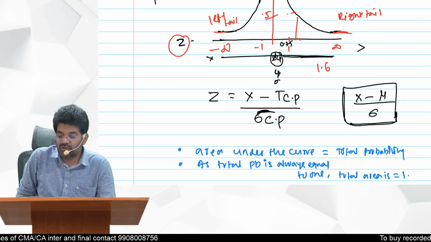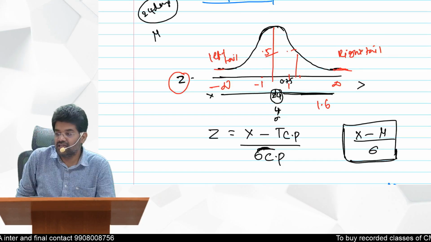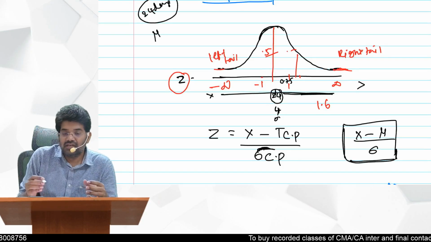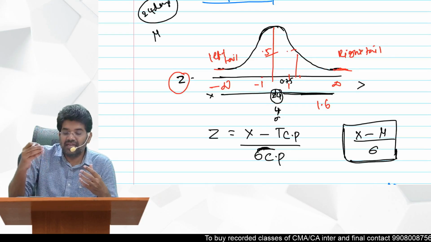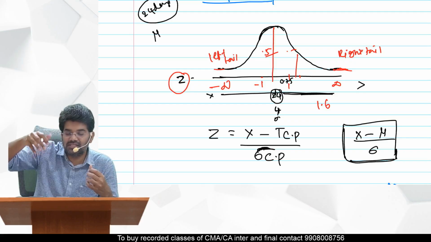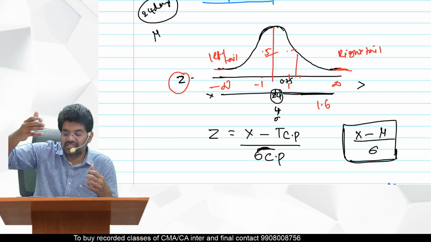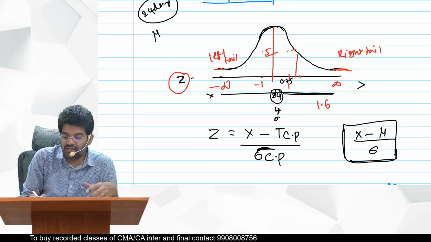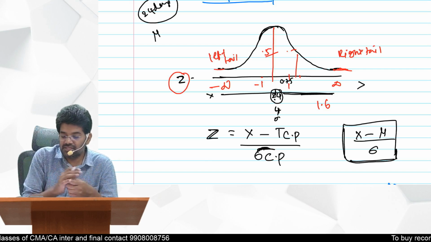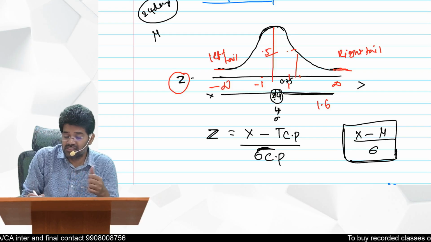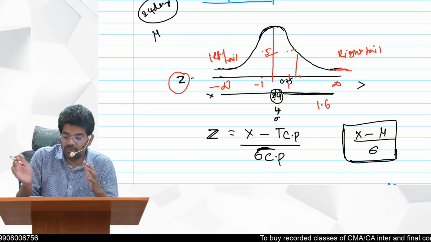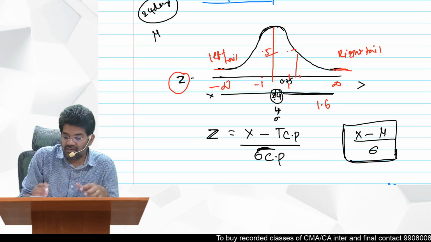So then what you need to do is, first you need to calculate the Z value. What is the Z value? Z value represents how many times your X value is from your mean. How many times your value, whatever you want, is from the mean. So that is what Z measures here. Z measures how many times your X value, whatever desired value is there, is from the mean.